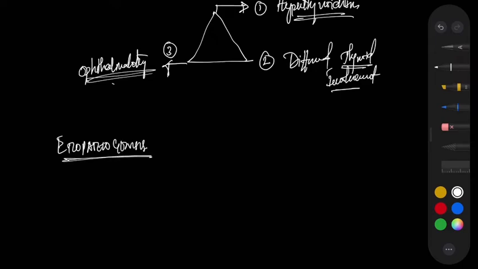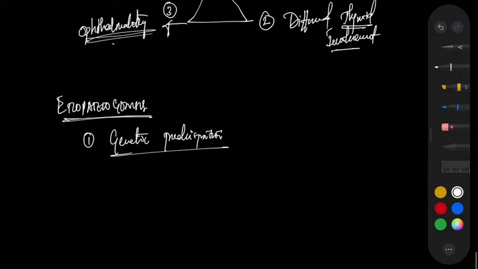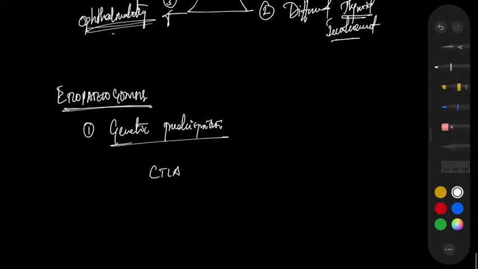For Graves' disease, the first topic is genetic predisposition: polymorphism of any of these three genes, CTLA4, PTPN22, IL2RA, with certain environmental factors.